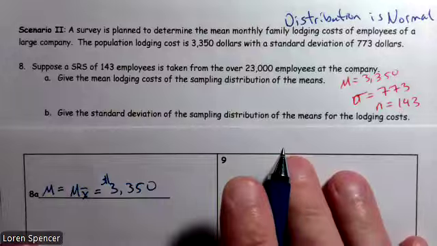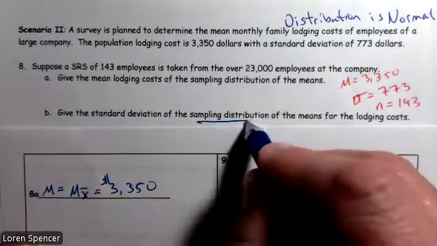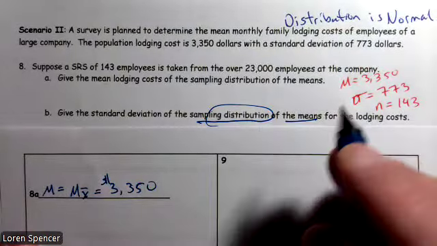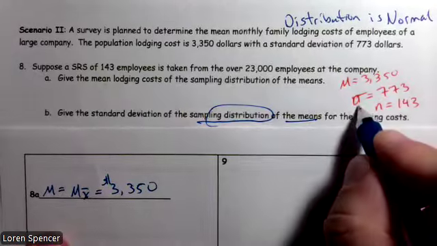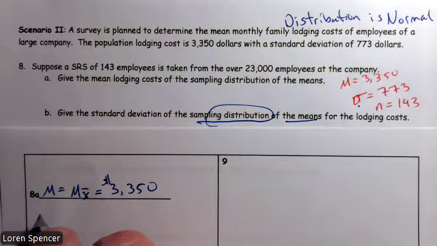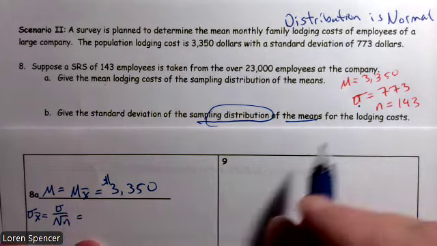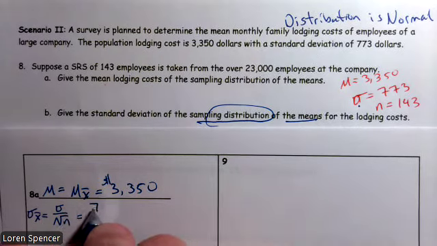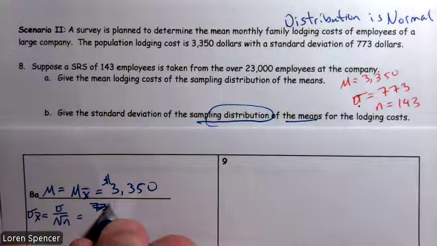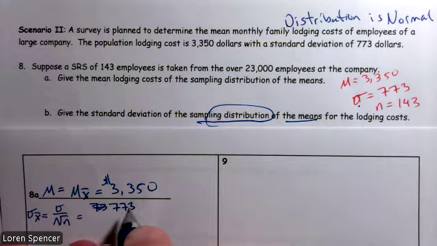The standard deviation of the means, of the sampling means. So in this case, they're not asking for this. They're asking for the X bar. And the standard deviation of X bar is the standard deviation of the population divided by the square root of n, which in this case is 773 divided by the square root of 143.